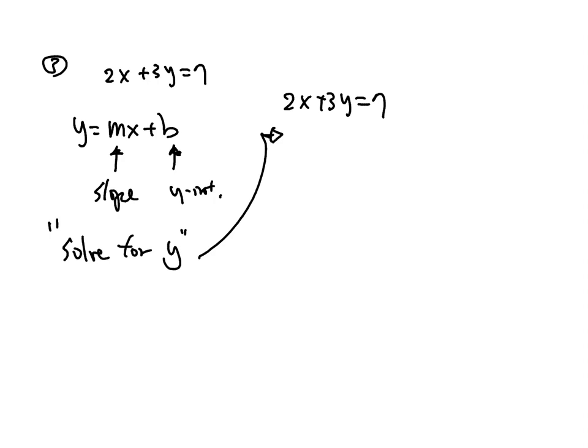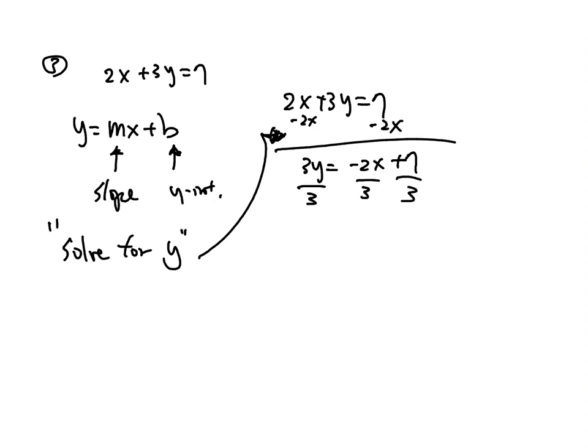I am going to subtract 2x on both sides. If I do that, I get 3y equals negative 2x plus 7. And then to get y by itself, divide everybody by 3. So I get y equals negative 2/3 x plus 7/3.